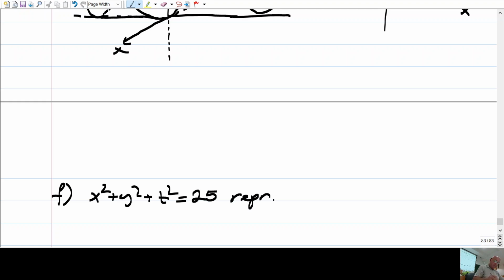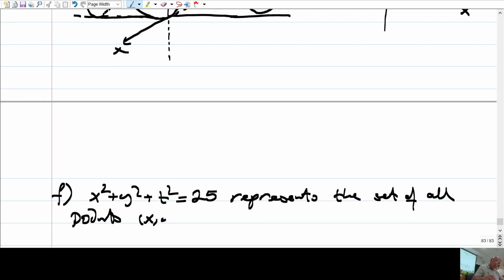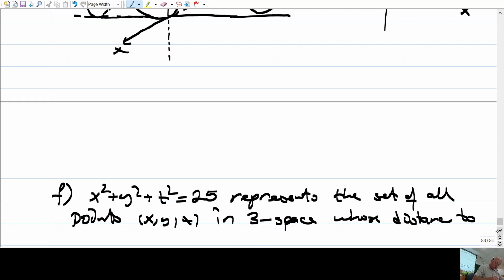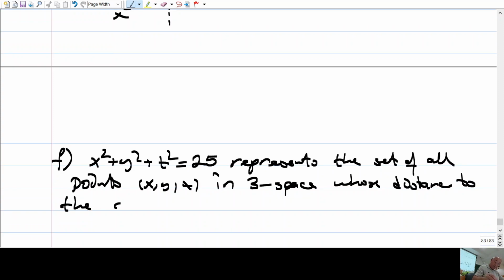This represents the set of all points x, y, z in three space whose distance to the origin is square root of 25, which is 5 units, right?